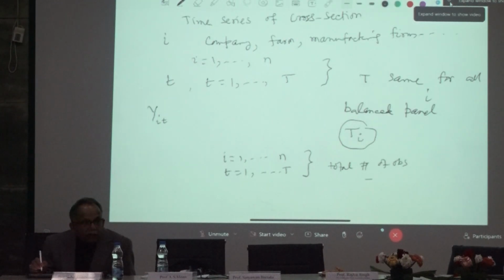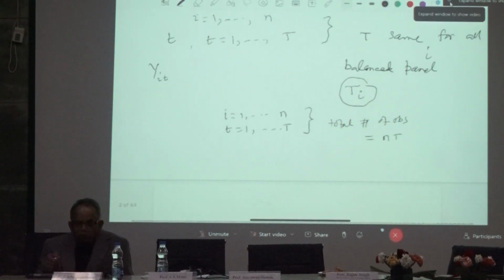It is n times T, right? In a cross section you have n observations, but in a panel you have n times T. If n is equal to 100 and T is equal to 10, then you have 1000 observations. So if you have a panel, the number of observations increases automatically.